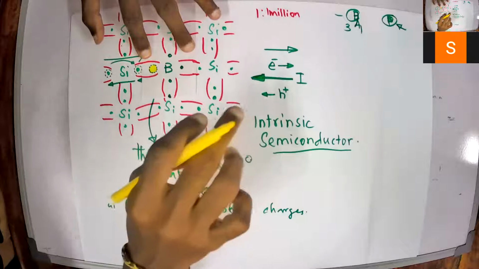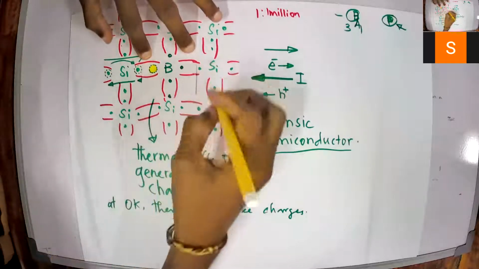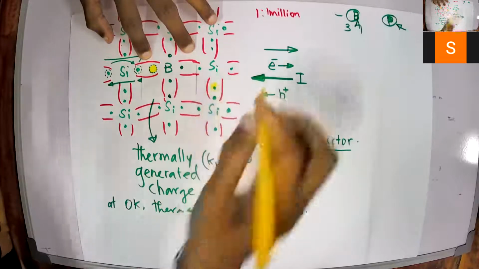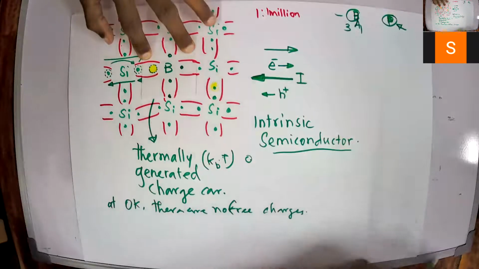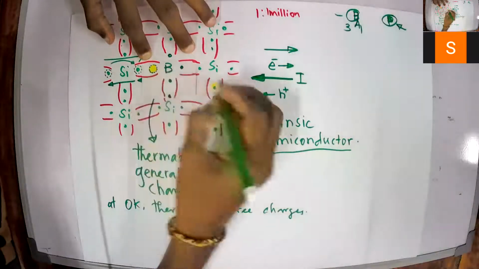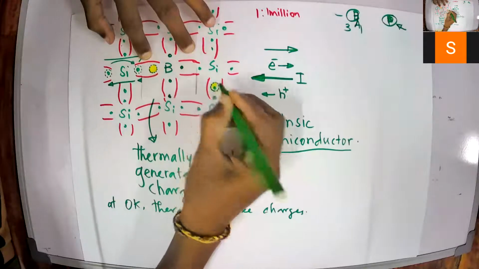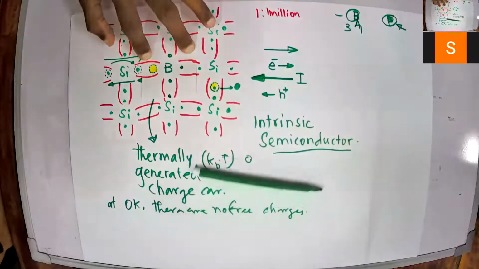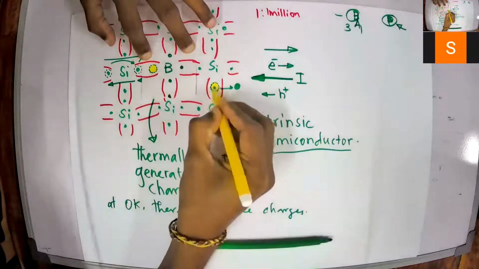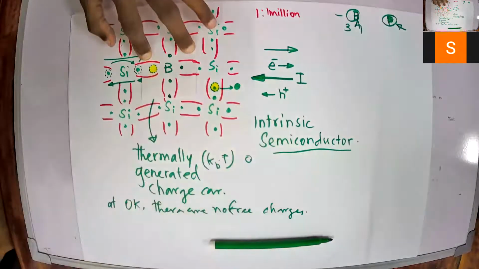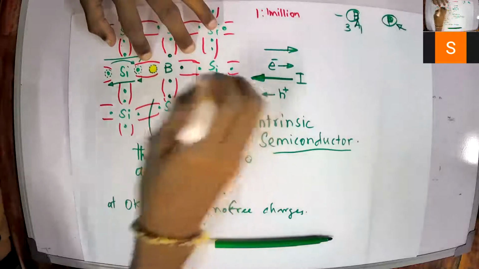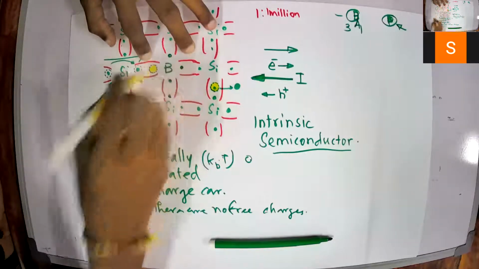Also, at room temperature, you will have thermally generated charge carriers as well, not only the charge carriers generated by the impurities. So in a doped semiconducting material, you will have both thermally generated charge carriers and charge carriers created by doping.